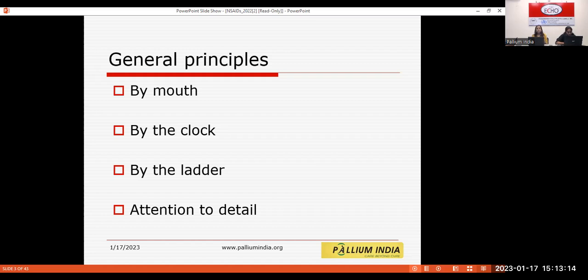The fourth principle is very, very essential for nurses to understand, that is attention to detail. So, you give a drug, you have to ask more about it. When the patient takes the drug, if he's in the IP or if he's in the home care or OP, you have to ask for every side effect. There are many side effects for medications that we give.